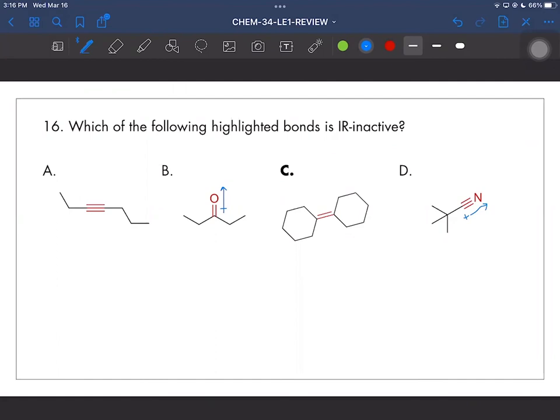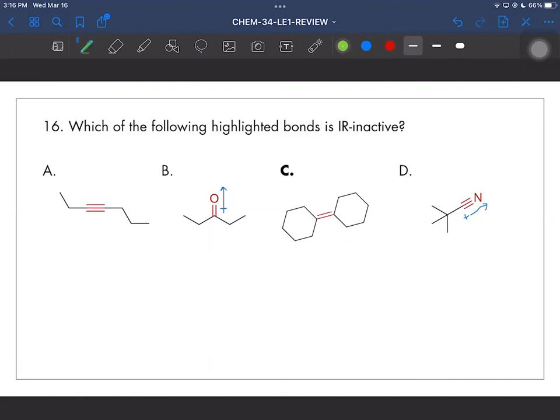So, with nonpolar bonds, we'll have to go back again to symmetry. A double bond or a triple bond that is centered along a line of symmetry is IR inactive, since either side would be pulling on it with the same force. So we would not see a change in dipole moment in that bond.